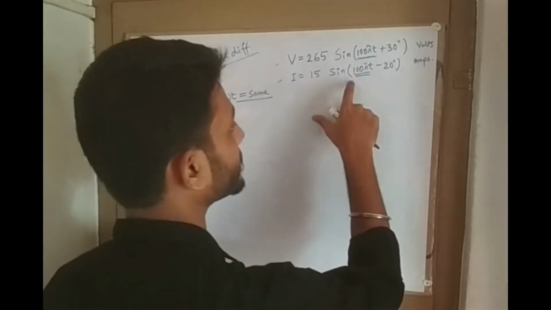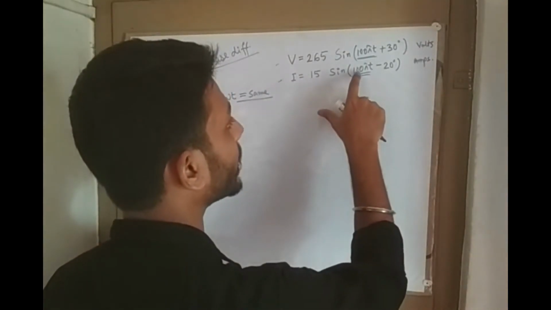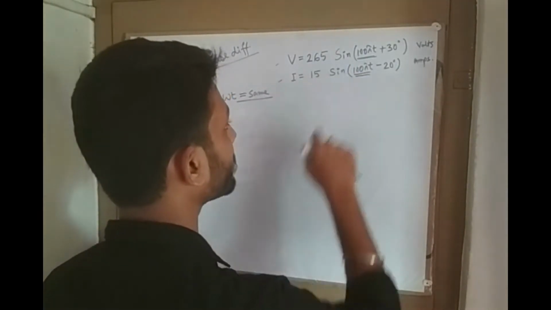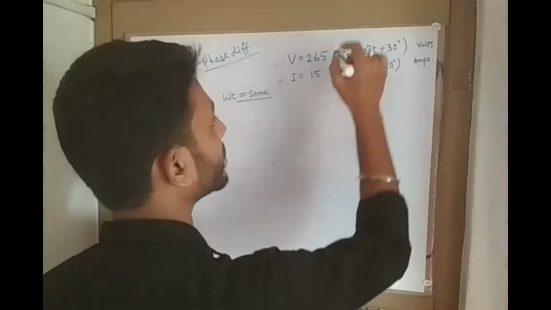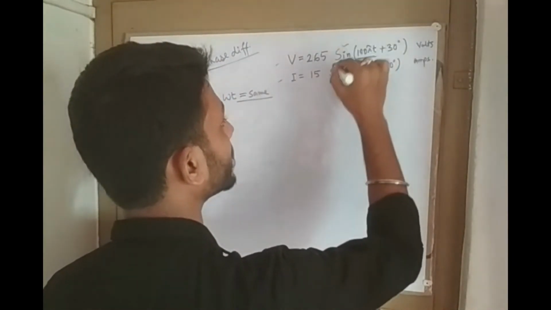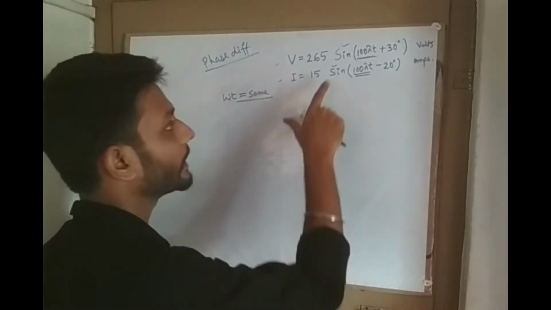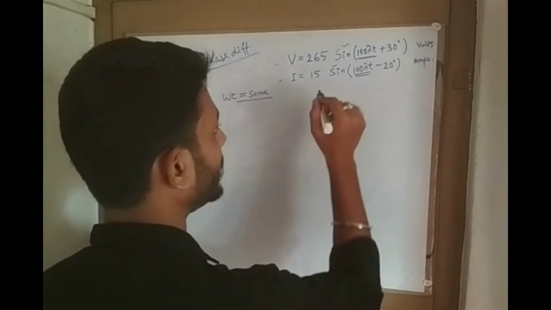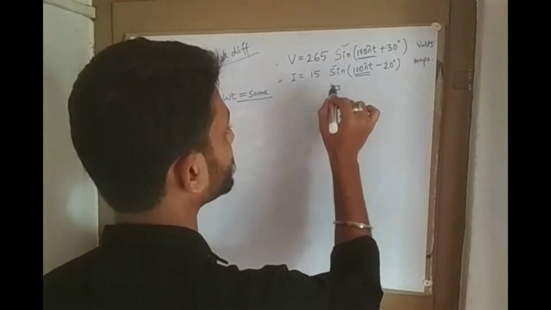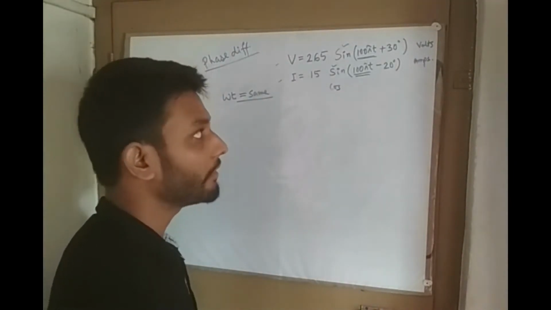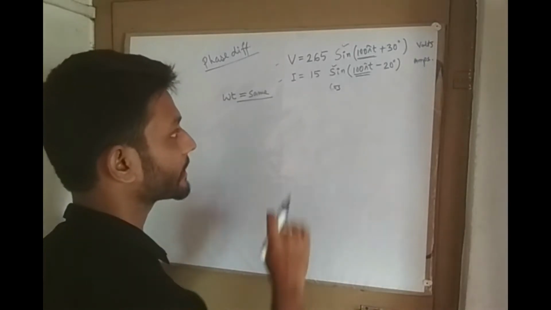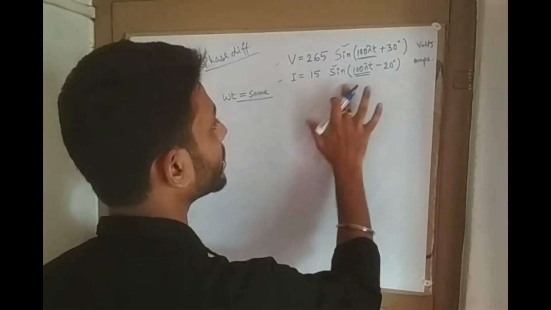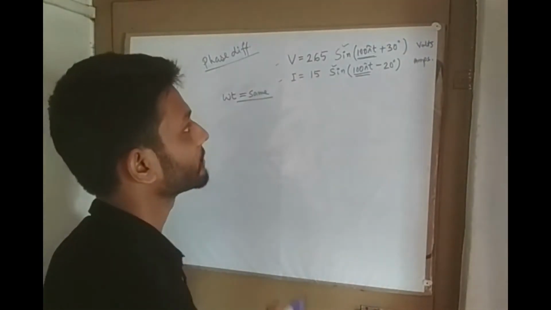Here the omega t, 100 pi t, are the same, and the sinusoidals are also both in terms of sine. If it would be cos, then what would happen we will see next.